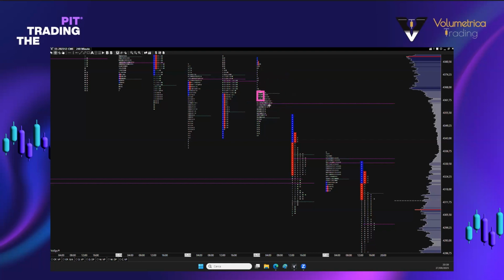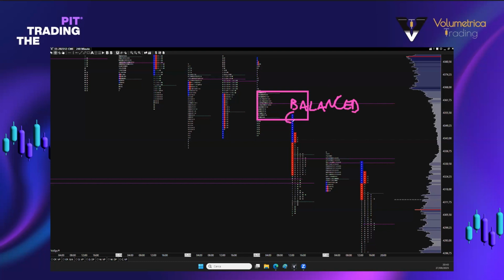So this area is where we had acceptance, where basically buyers and sellers were in agreement about this range of prices. So this is where the market is supposed to be balanced between buyers' and sellers' actions.